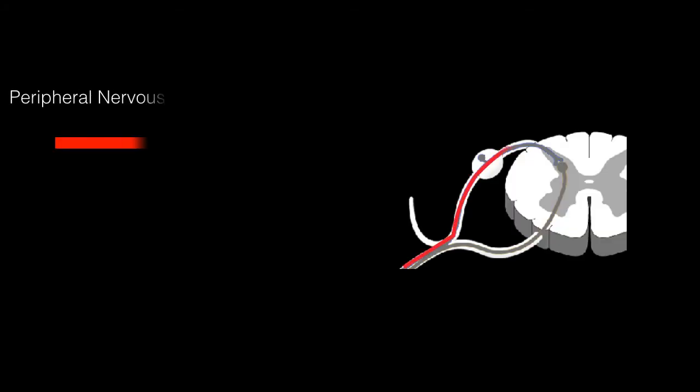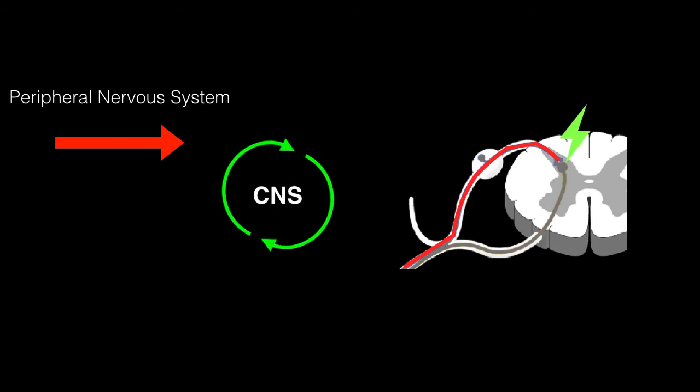So let's look at what's going on here. We have the peripheral nervous system, which is going to send a signal in to that spinal cord. That red is representing a sensory neuron, information going in from the peripheral nervous system to the central nervous system. Once it gets to the central nervous system, we're going to have some integration.